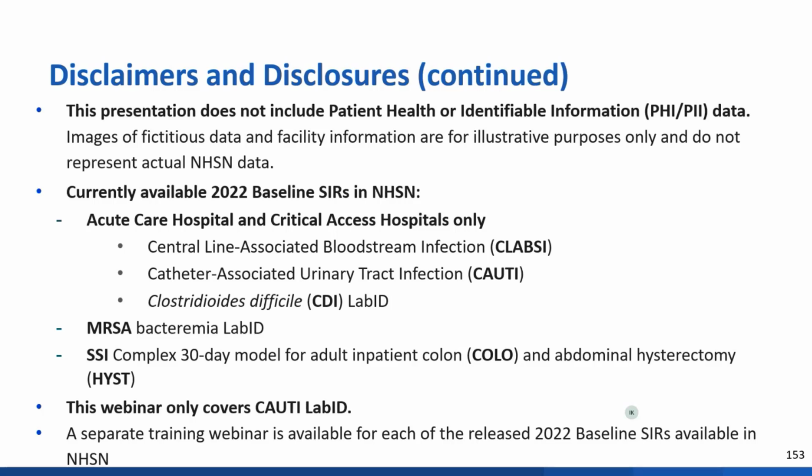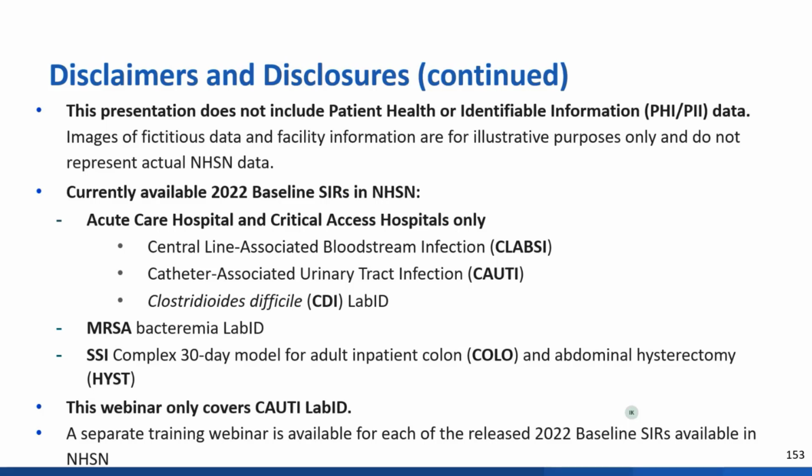Now, regarding the currently available 2022 baseline SIRs in NHSN, the available measures include central line bloodstream infections, catheter-associated urinary tract infections, or CAUTI, the Clostridium difficile laboratory identified events, which are your CDIs, the methicillin-resistant Staphylococcus aureus bacteremia laboratory identified events, and the surgical site infection complex 30-day model for colon surgeries and abdominal hysterectomies.